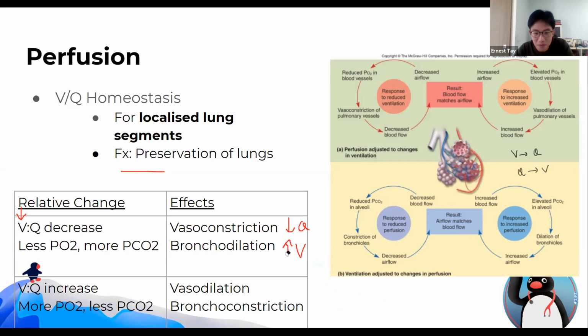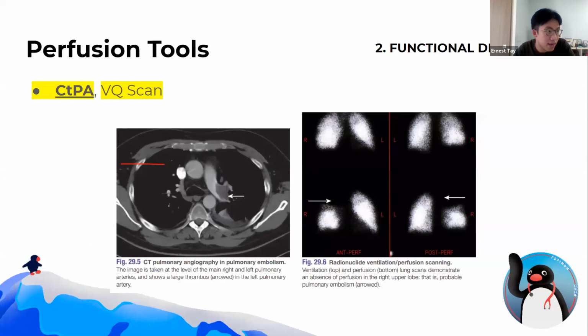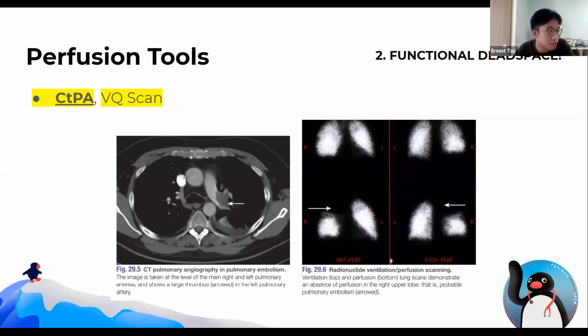So, yep, this is just a better understanding of how it works. And the tools for this essentially are a CTPA or VQ scan. Clinically, a CTPA is a lot more used, but VQ scan is used as just a detection tool. So, yep.